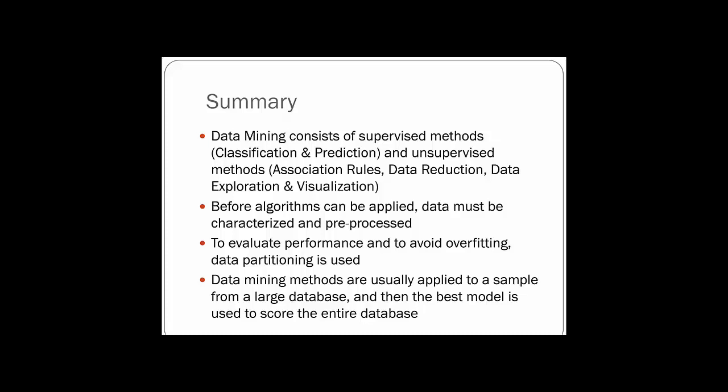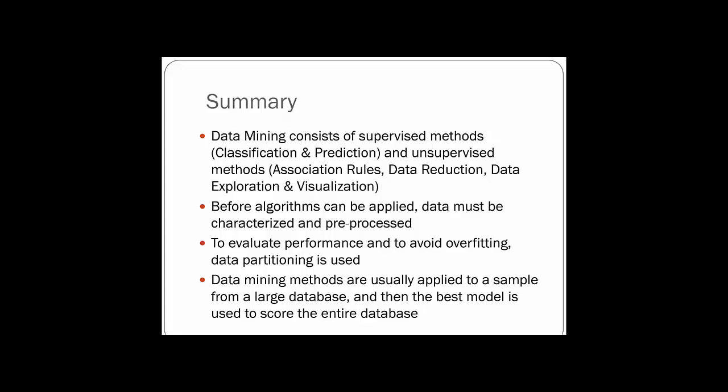But we also will look at unsupervised methods, where we want to simplify and summarize the information contained in a data set in a certain way. And before we can do any of these methods, we oftentimes are going to need to pre-process the data, clean up the data, make it so that it's going to work with the algorithms that we're doing.